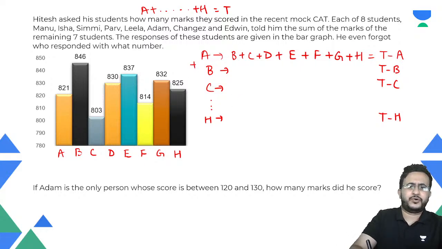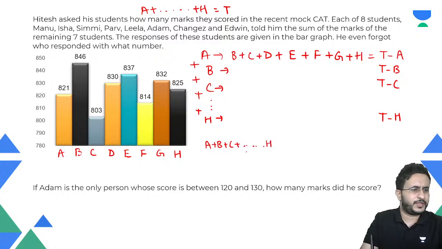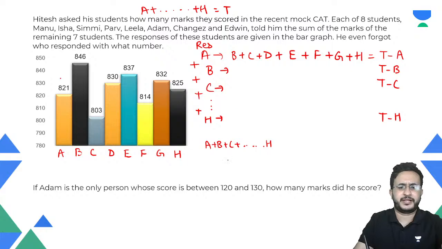Now let us add all these. Okay. So what do we get? We get the sum of the responses, the total of the responses. Response means these values, यहाँ पे number लिखते हैं.